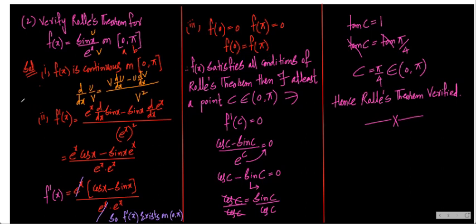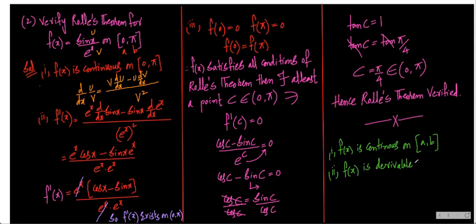I repeat once again the statement of Rolle's theorem. F of x is continuous on the closed interval a comma b. Whatever interval the question gives, it has to be continuous on the closed interval. This is condition number 1. Condition number 2 is f of x is differentiable or derivable, meaning the derivative must exist, compulsorily, and infinity should not come. Differentiable on the open interval a comma b.